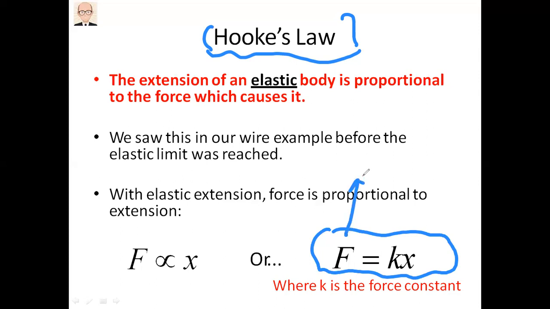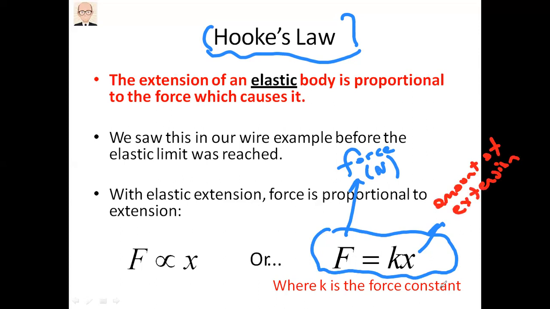Let's define these symbols. F is going to be the force, always in Newton. X is going to be the amount of extension or compression. It could be both of them. The unit of this extension or compression will be in meter.